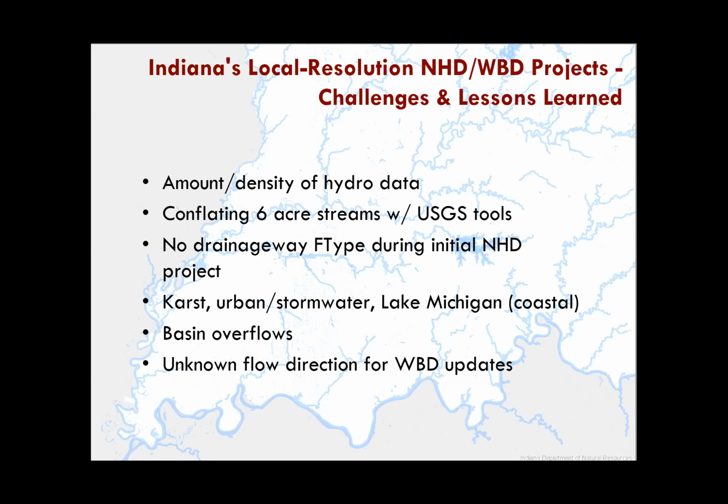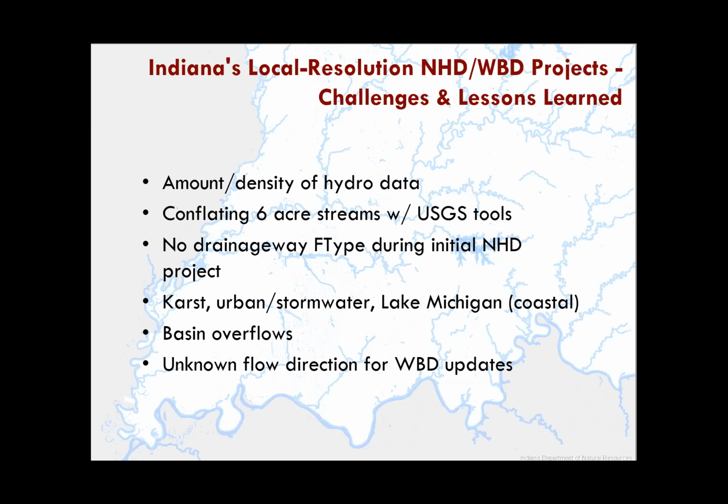It's very flat up by the lake, so you have questions on which way the Grand Calumet and Little Calumet rivers flow, one way or the other. With the high lake levels we've been seeing over the last few years, that's changed a lot of the direction of flow.